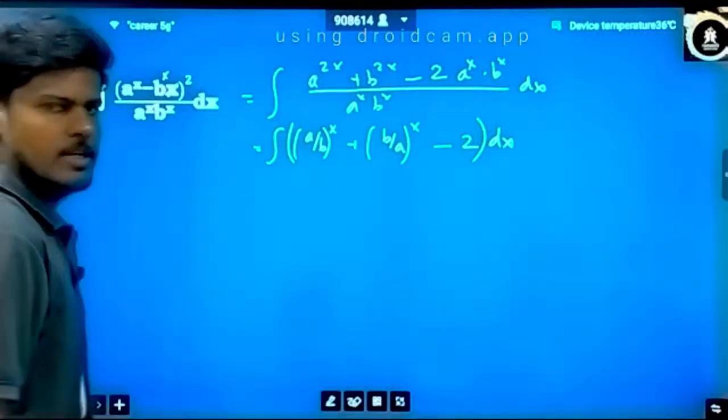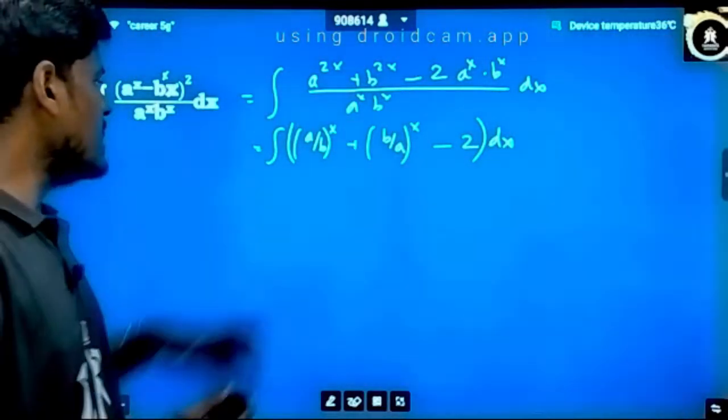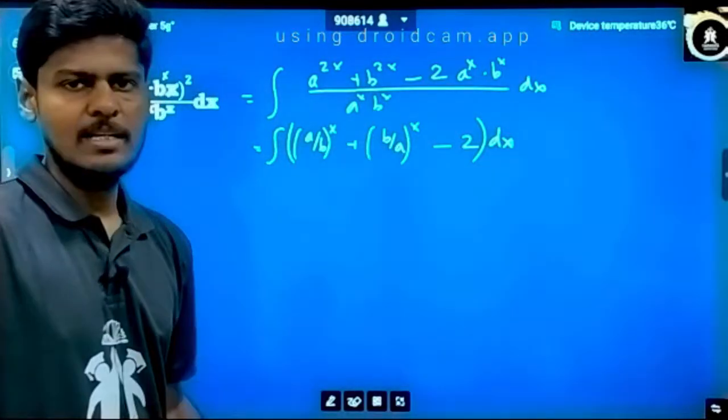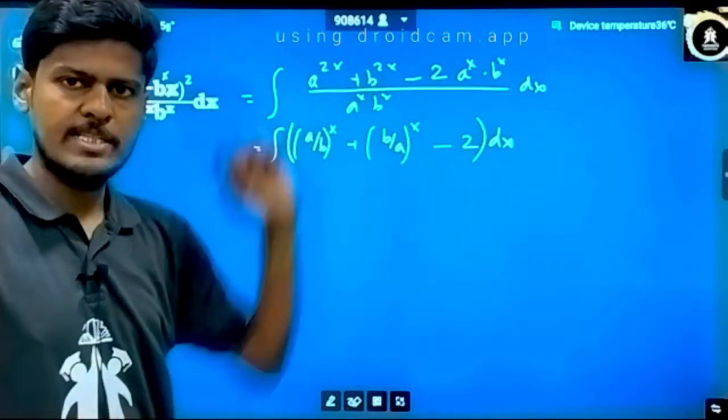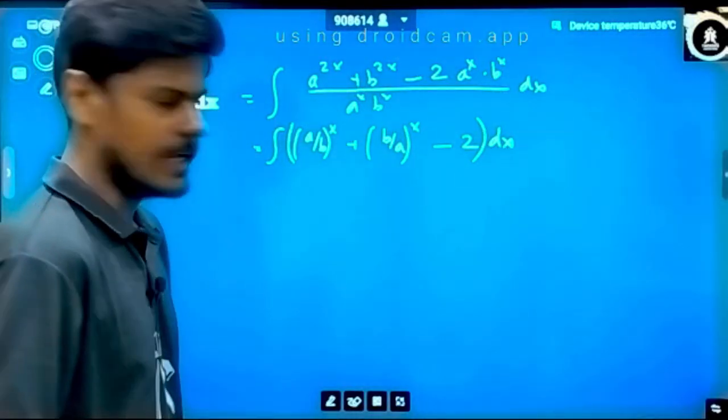Now we can integrate. What is integral of this? A by b is nothing but some constant c. B by a, let's take it as d. These two are constant. What is the integral of a power x dx? We already know the formula. It is a power x divided by log a.